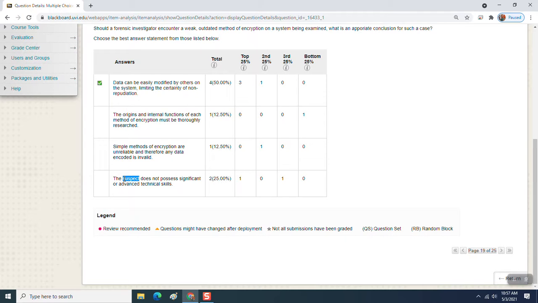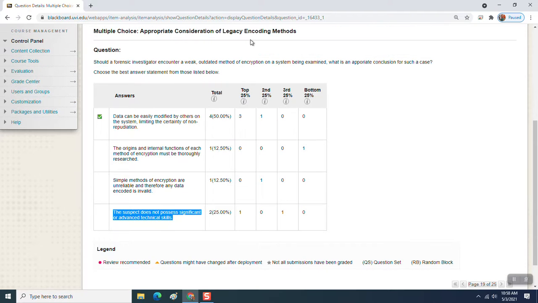The suspect does not possess significant or advanced technical skills. The suspect may have inherited a weak or outdated method from IT staff that are poorly trained, or their training is outdated, and they haven't migrated to newer and more effective systems. So you have to remember that the suspect is just one of a number of stakeholders in an investigation.